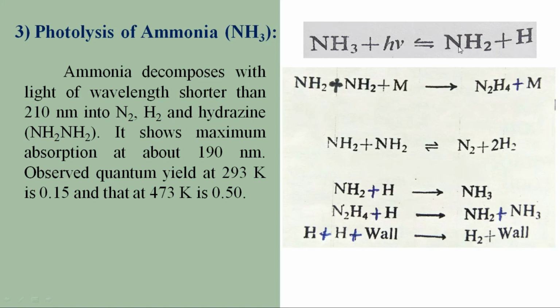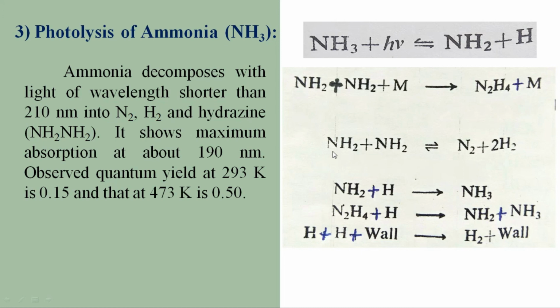So the formed NH2 free radical may react with another NH2 free radical and collide with a quenching material M present in the reaction mixture, or sometimes it collides with the wall of the container, and it gets converted to N2H4, that is hydrazine.